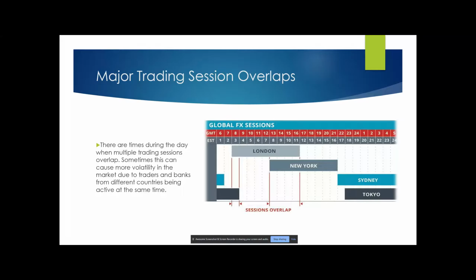These two sessions overlap between the hours of 3 to 4 a.m. All right. There are times during the day when multiple trading sessions overlap. Sometimes this can cause more volatility in the market due to traders and banks from different countries being active at the same time.